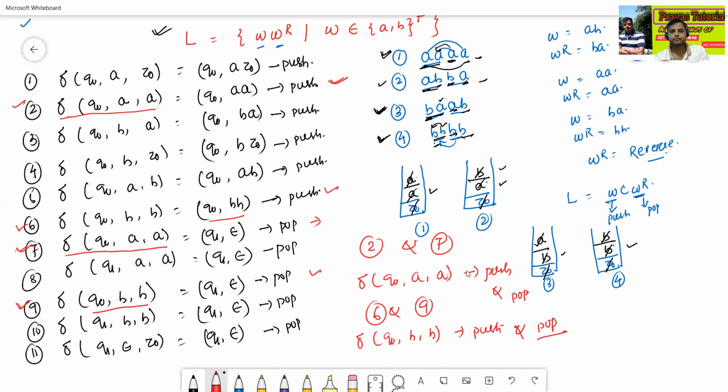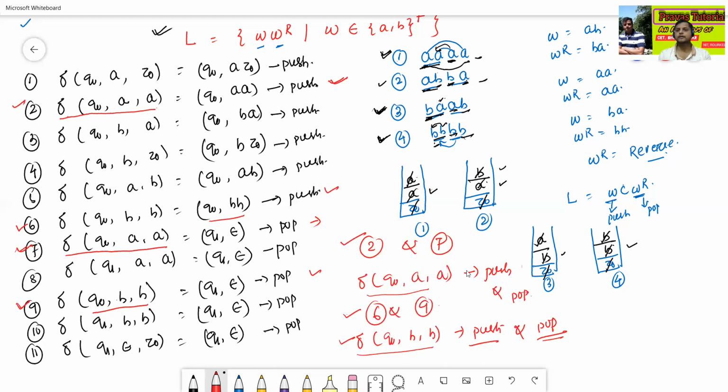So for the second and seventh transitions, for one input there are two operations. Sixth and ninth transitions, for one input there are two operations.